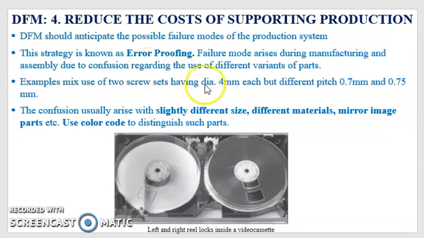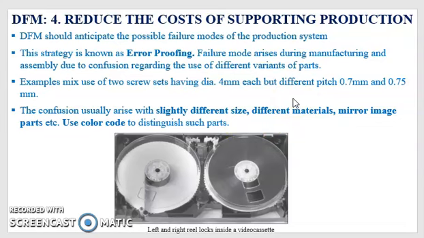That is, one is having 0.7 mm pitch and the other is having 0.75 mm. This confusion usually arises due to slightly different size, different materials, or the mirror images of parts which are used while performing the assembly of a product.